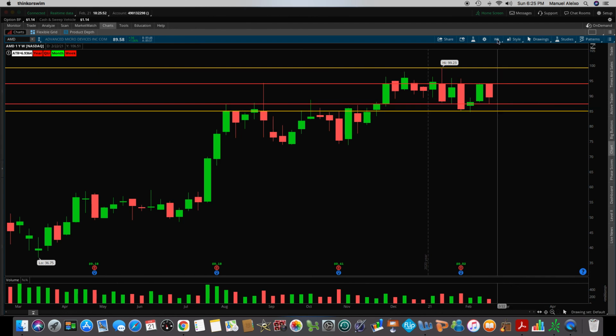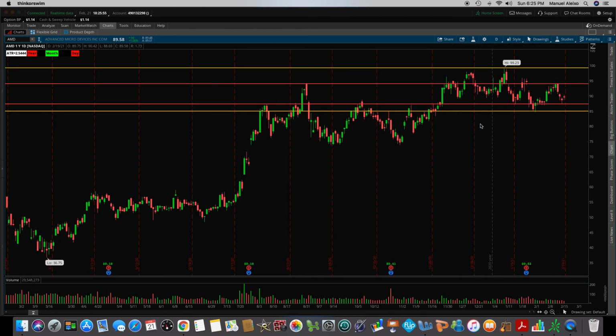Okay, so here's the 1-year daily chart. As you can see, a whole lot of chop in this area. Every time it gets down to around here, it pushes back up. Every time it gets down here, it gets bought back up. Clearly you can see these failures here are support.